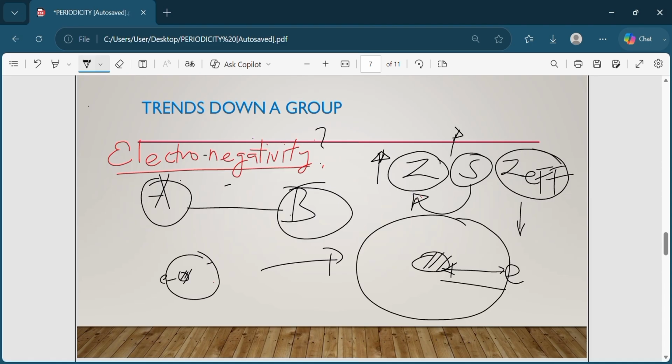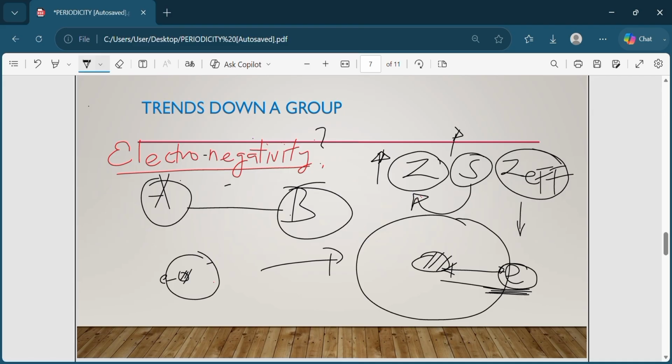If this is so big, that means this electron is experiencing much less attraction to the nucleus and greater repulsion due to the fact that the screening effect is so much increased. Okay, so that means that this electron will easily donate the electron for formation of a covalent bond.